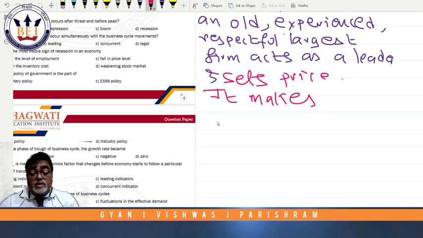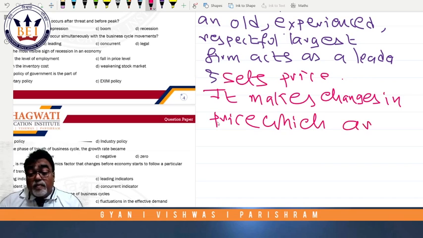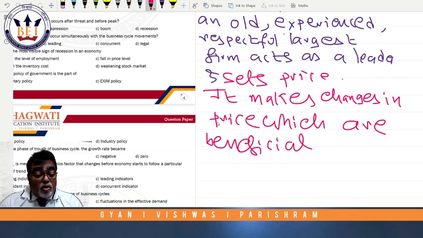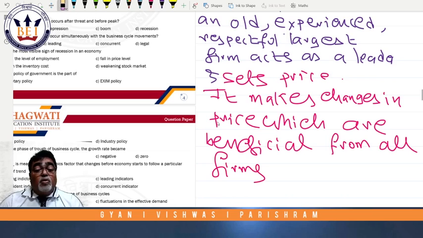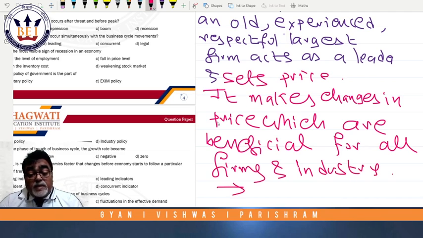It makes changes in price which are beneficial for all firms and industry, but it is accepted by each firm.